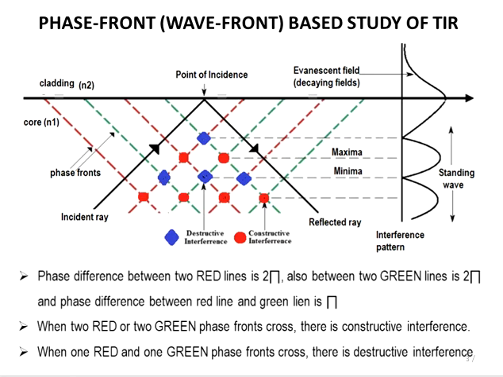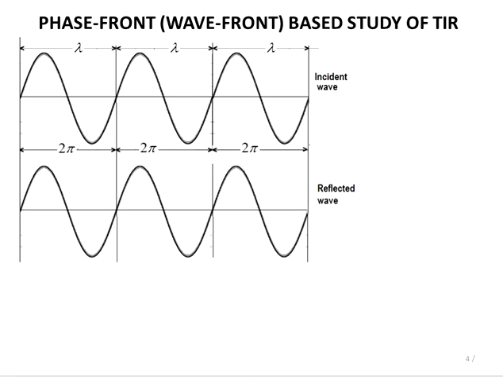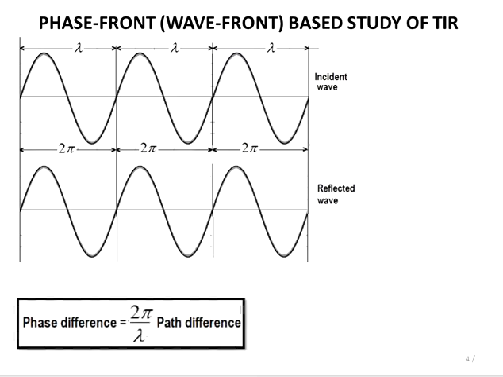Now let's see what constructive and destructive interference are. To understand that, consider two rays, one is the incident wave and one is the reflected wave. Now here we have to consider one term, that is phase difference, which is given by 2 pi by lambda into path difference.